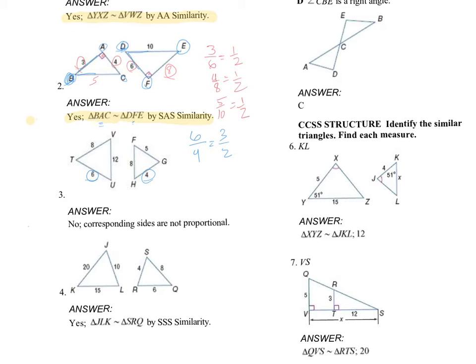And then our next one here, 8 over 5, and then 12 over 8. If we reduce that by 4, that's going to be 3/2. But even though we have 3/2 here and 3/2 here, we have one side that is not. So therefore, you can see that the answer is no, the corresponding sides are not proportional.